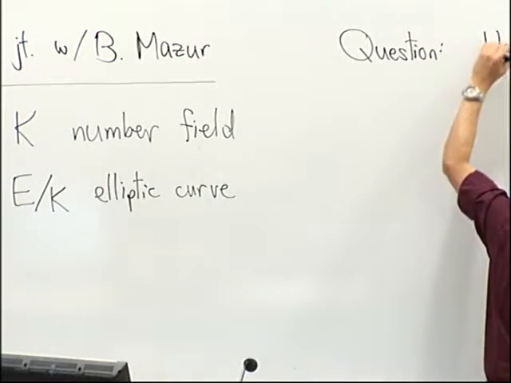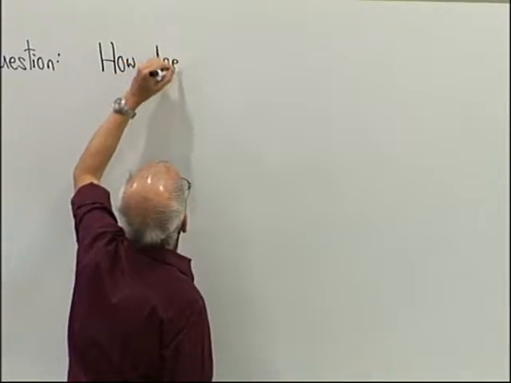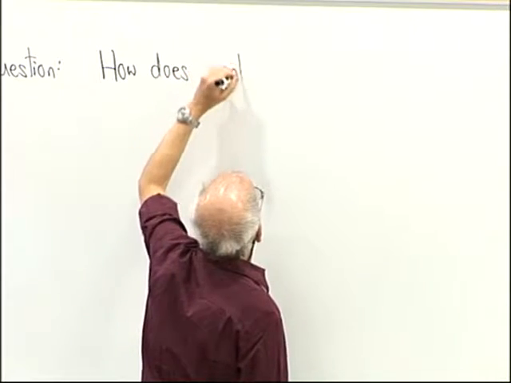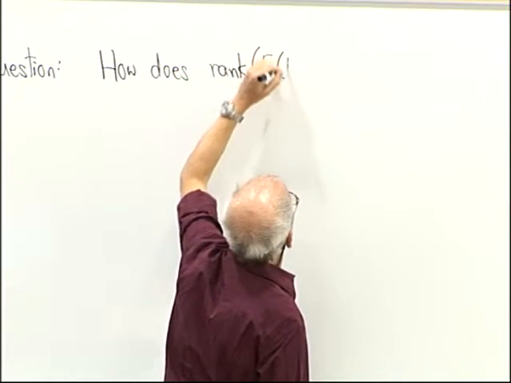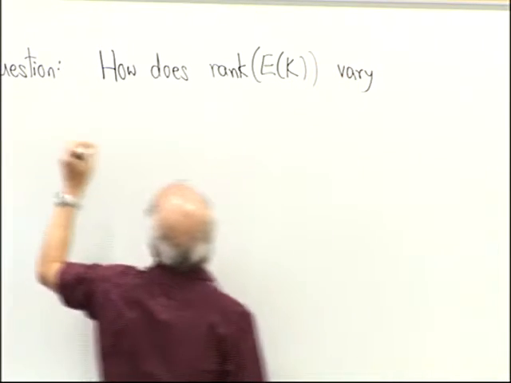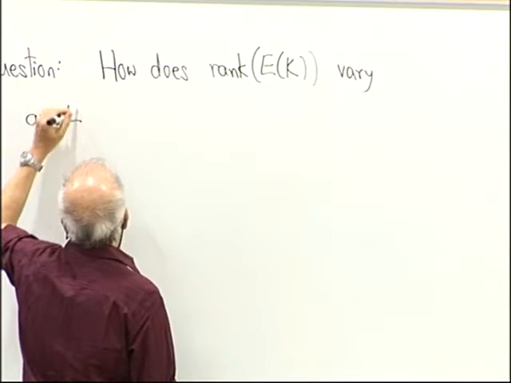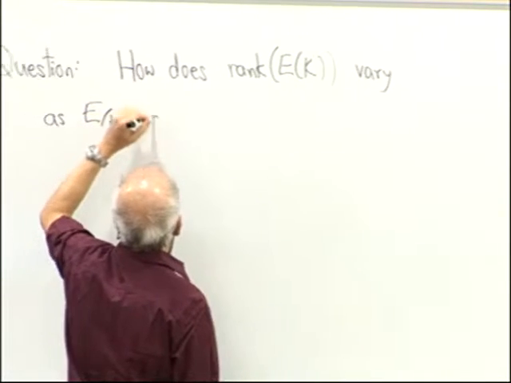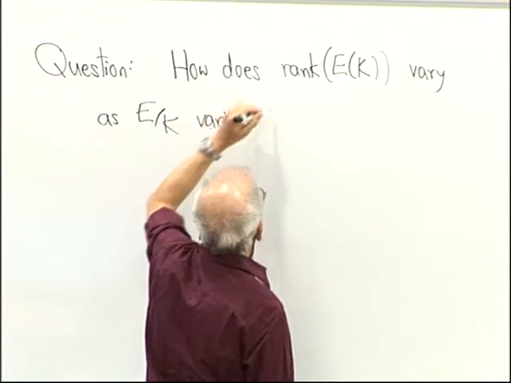So how does the rank of the group of K rational points vary as E varies, but with K fixed?